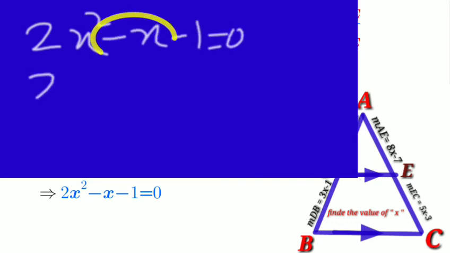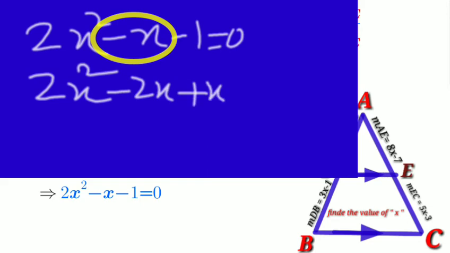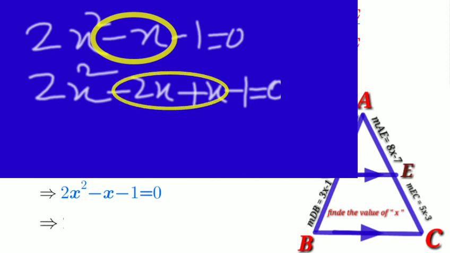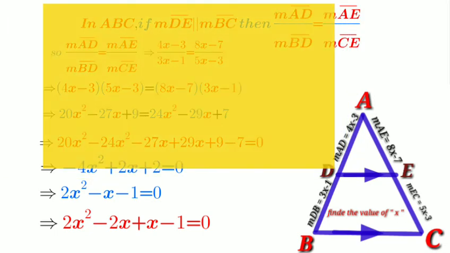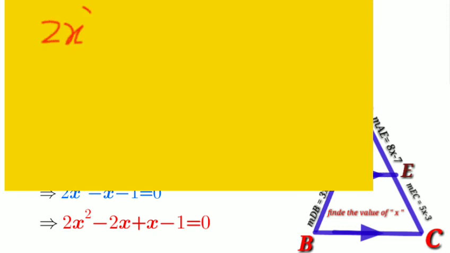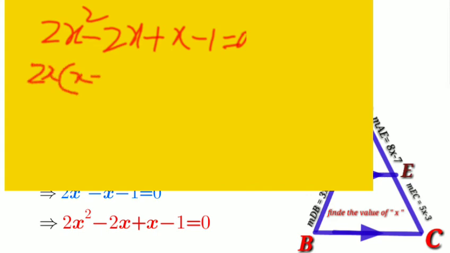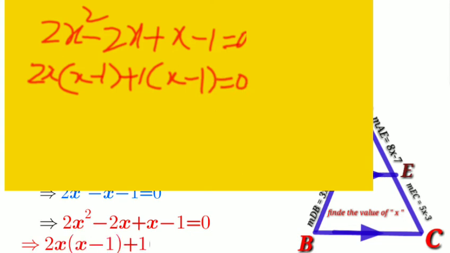By factorization, taking common 2x in 2x square minus 2x and taking common 1 in x minus 1.